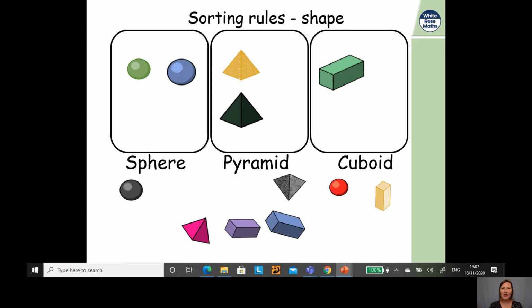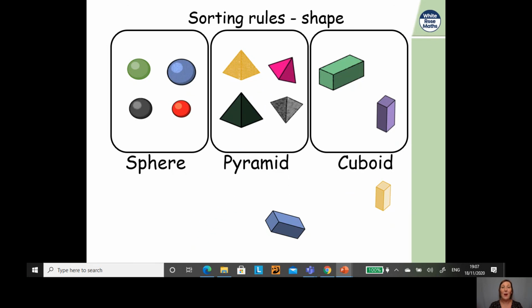Oh, now I've got this one. It's a bit tricky. That's right, it's a cube. Well done. Let's have a think now. We've got our two spheres, our two pyramids, and our two cuboids. Well done. Great sorting, year one.